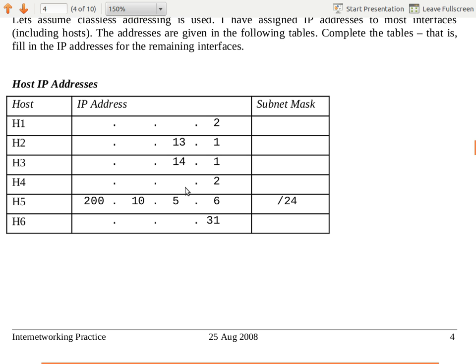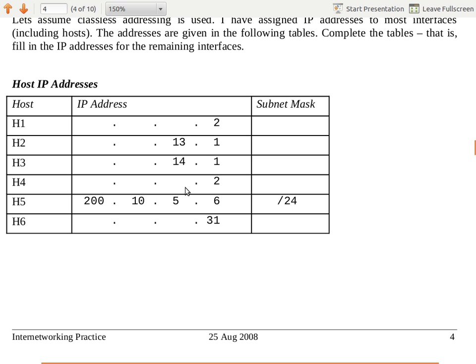That's the host portion. So the router was 0011. For H1, what are the last 4 bits? Because the table gives you some value. Should be 2, shouldn't it? Because it's in the table in this case. I've given you some of the information, you need to fill out the rest.